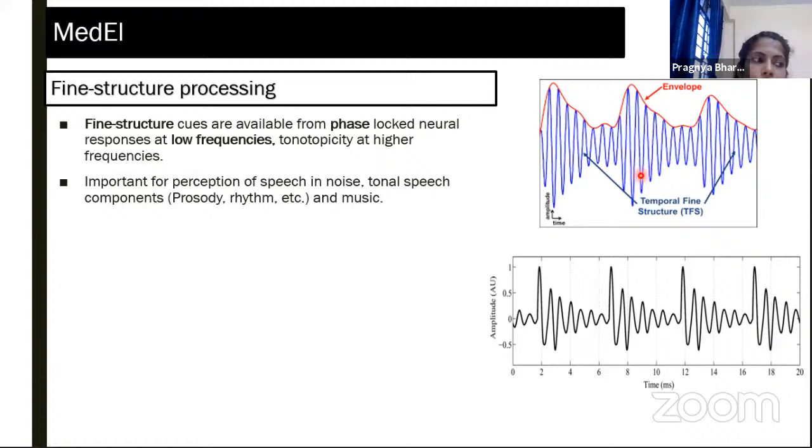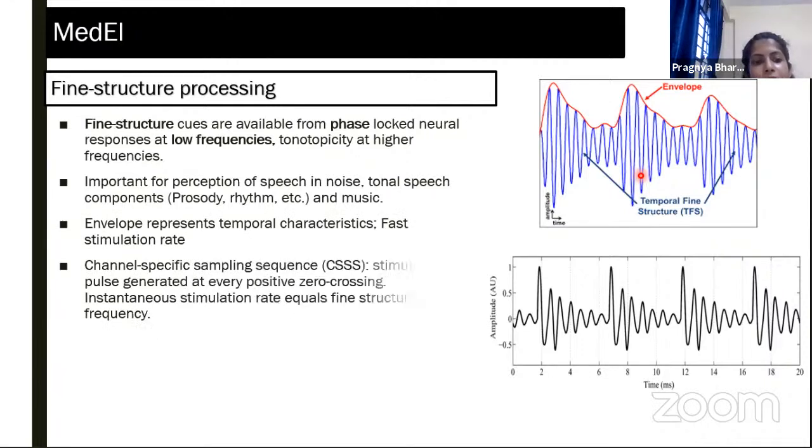So what they do is in their apical channels, they use something known as the channel specific sampling sequence. What it does is it generates a stimulus burst every time there is a positive zero crossing of the signal. So if I have to show you, for example, in this signal, every time the curve has a positive zero crossing, a stimulus burst will be generated.